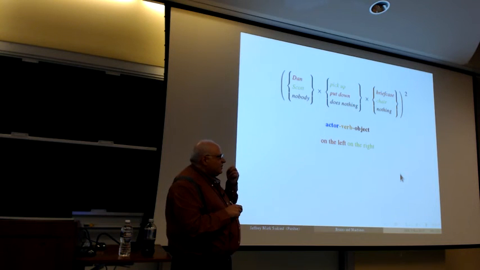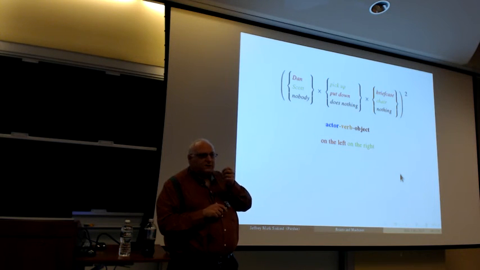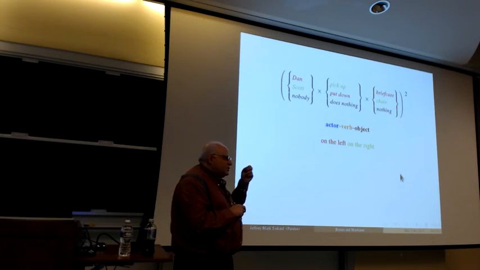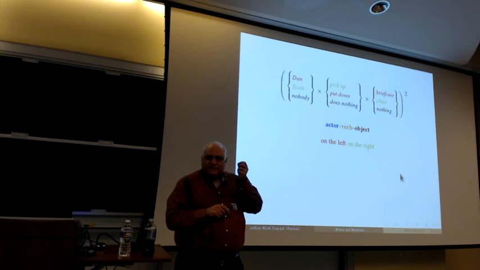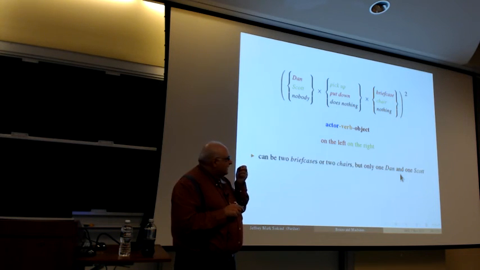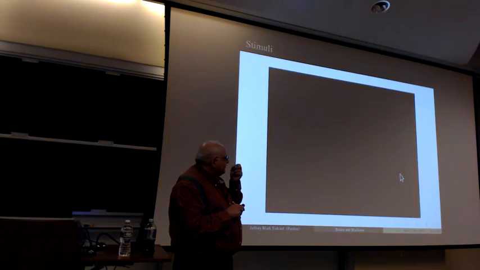And we want to determine from the brain scan data whether there's a difference between Dan putting down a briefcase, Dan putting down a chair, Dan picking up a briefcase, Dan picking up a chair, and whether we can determine who did what to whom when there are two simultaneous activities going on in the field of view and two sentences. So let me show you this.